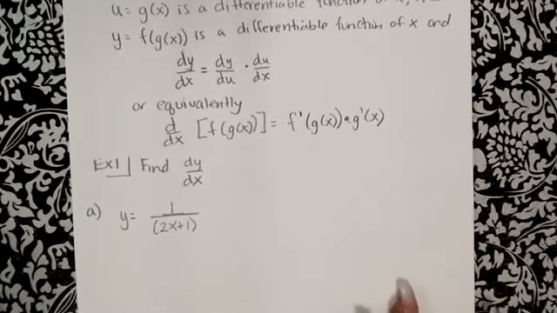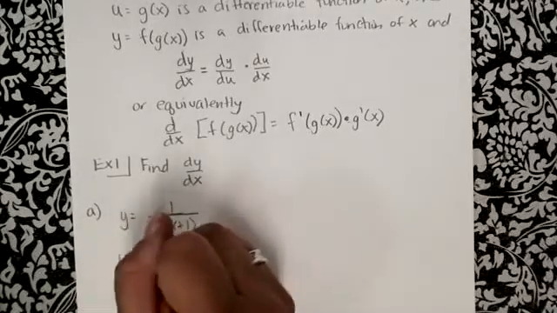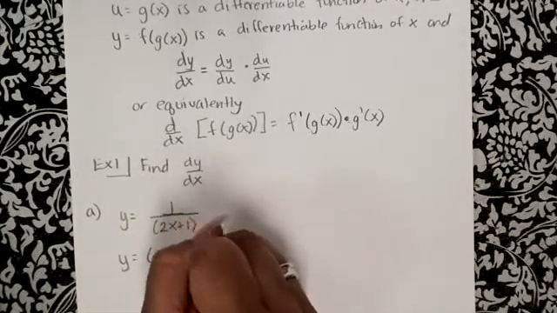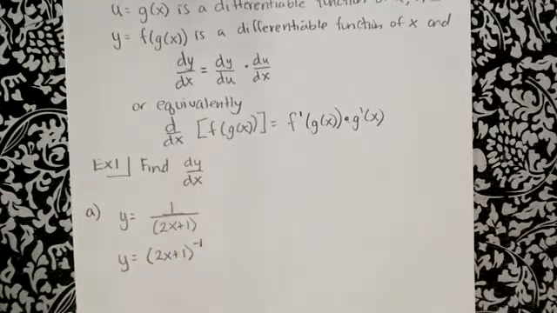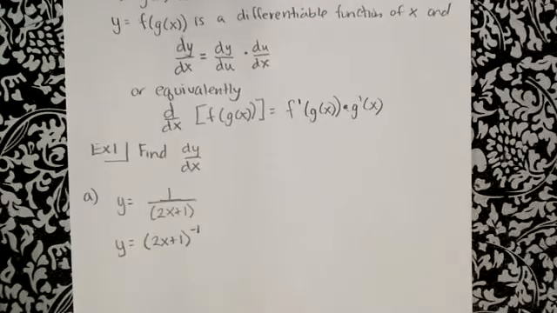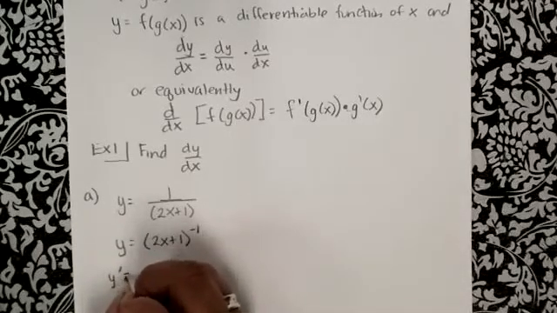For example 1, I'm going to rewrite this. Y equals 1 over 2x plus 1. This is the same as saying y equals 2x plus 1 raised to the negative 1 power. Now, this is the chain rule. When you take the derivative of y, it's y prime.